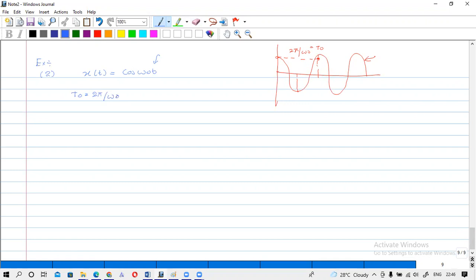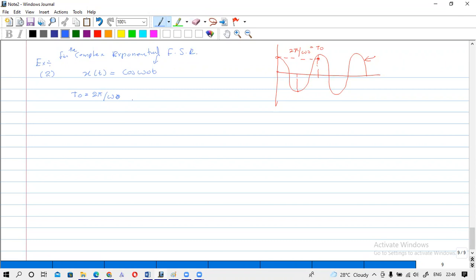Then we are asked to find the complex exponential Fourier series representation.